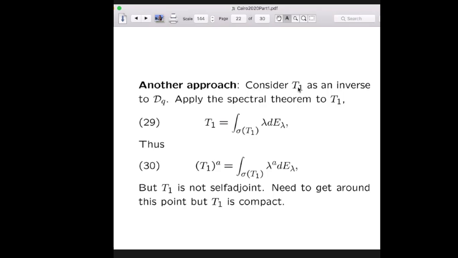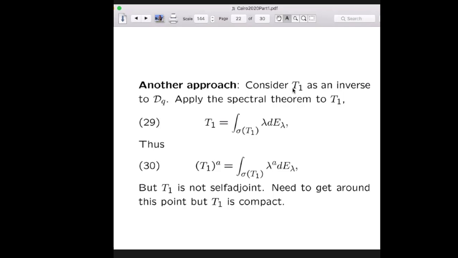Okay, so what we would like to do, we had the semigroup, this T_a, and if I take T1, that would be the one-sided inverse to D_q.